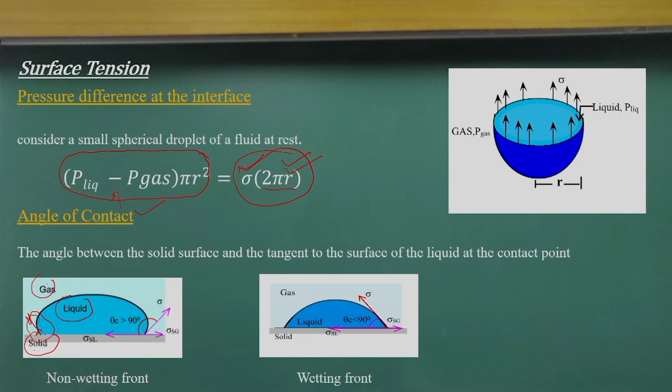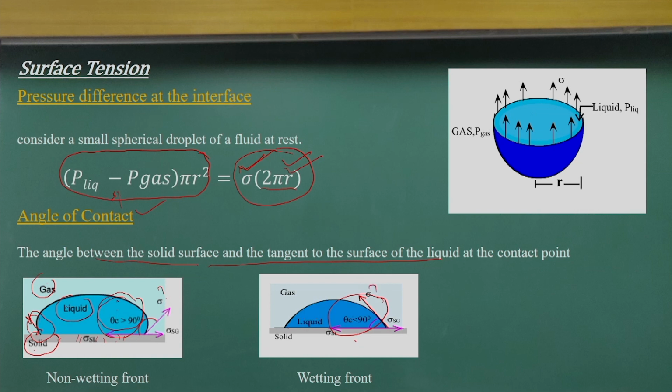If you take a liquid and the angle of contact is more than 90 degrees, then this liquid will not wet the solid surface. Whereas, if this angle is less than that, the liquid can spread onto the solid and have wetting properties. So, in a very simple way we can find out which liquids are going to wet the solid surface or not, based on the angle of contact.